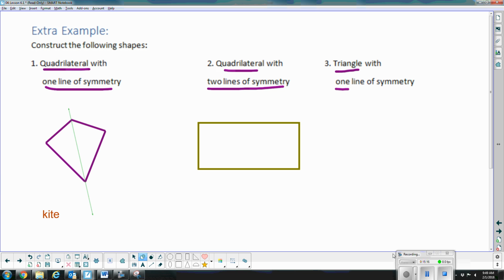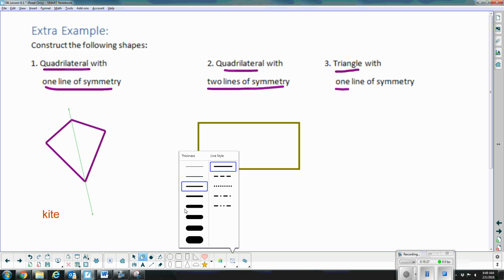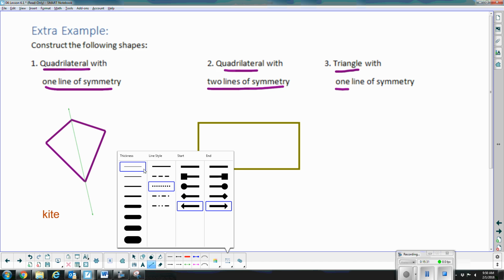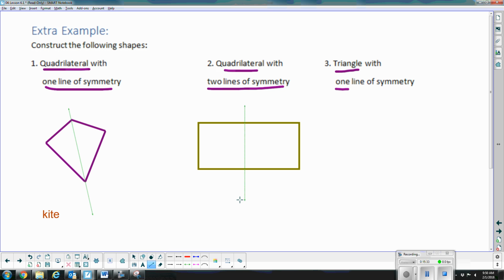The second one, I might draw a rectangle. And I want to be careful not to draw a square, because with a rectangle, I'll have two lines of reflection. One here, it's not quite there, but one about here, and then another one here.